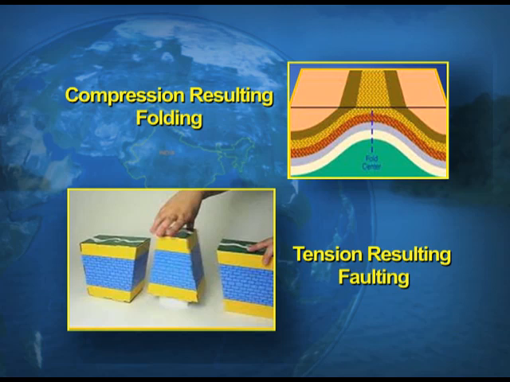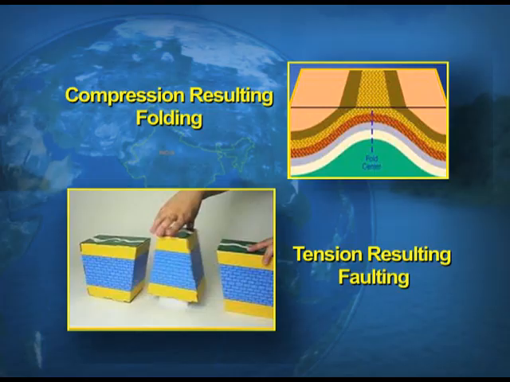Now, this compression and tension further result into, if you look at the diagram, compression, which I have just told you, is the force which works from the opposite direction. So, that results into folding of the rocks. The diagram is self-explanatory about how the folding takes place.